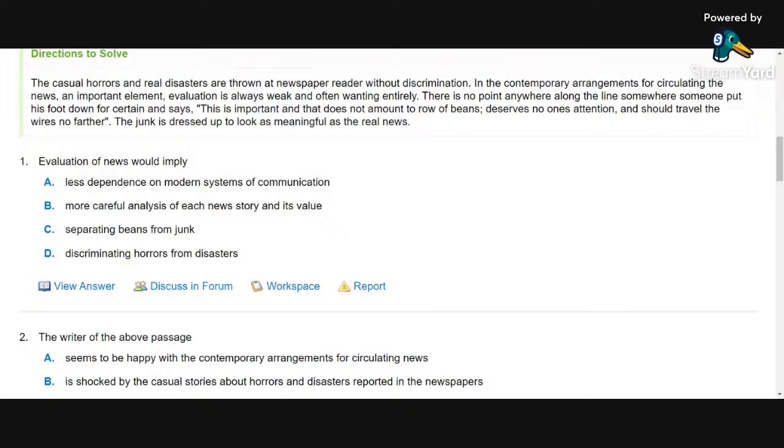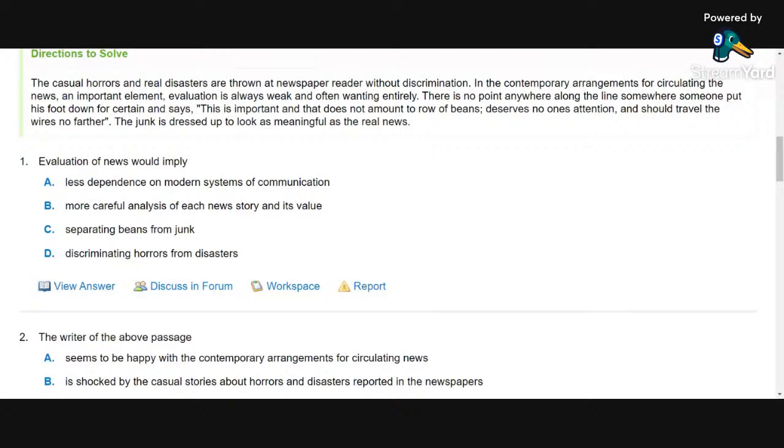There is no point anywhere along the line where someone puts his foot down for certain and says this is important and that does not amount to a row of beans, deserves no one's attention and should not travel the wires any further. The junk is dressed up to look as meaningful as the real news. So it is about the news given in newspapers. So let's start with answering the questions.